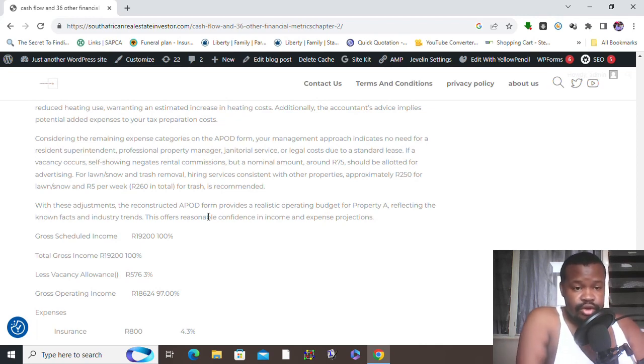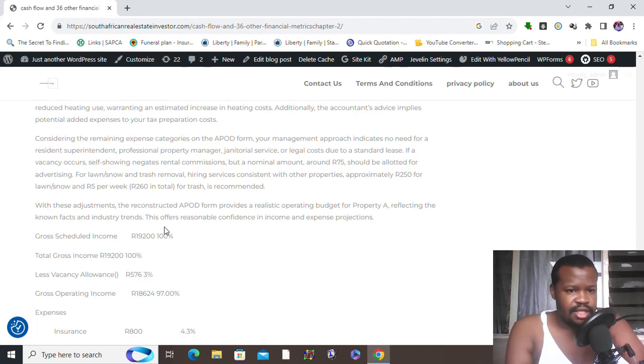If a vacancy occurs, self-showing negates rental commissions, but a nominal amount of 175 rand should be allotted for advertising. For grass or trash removal, hiring services consistent with other properties, approximately 250 rand for grass and 5 rand per week, which is 216 in total for trash, is recommended.